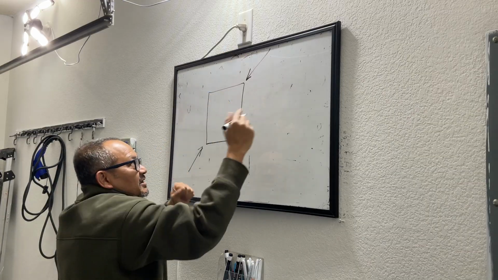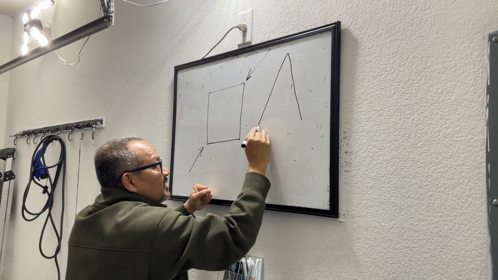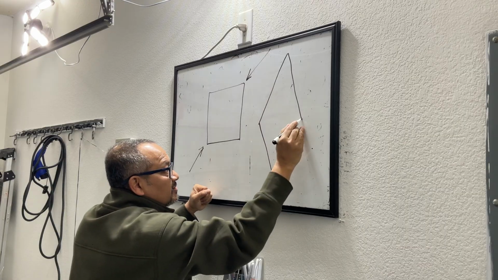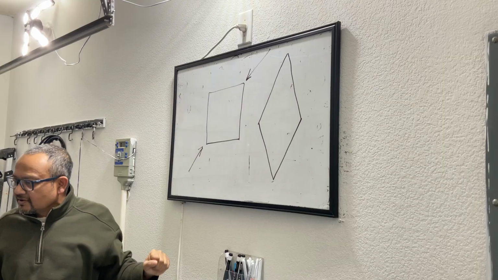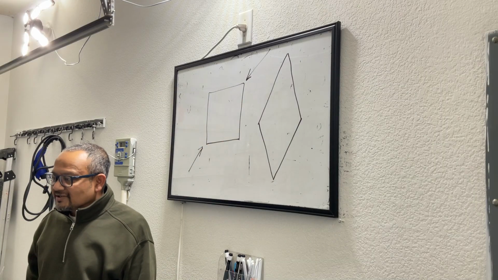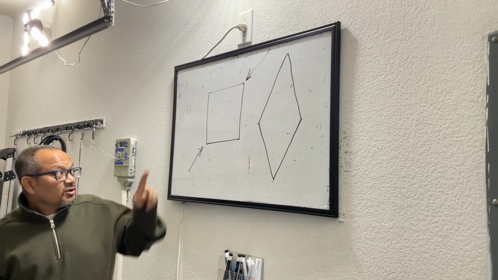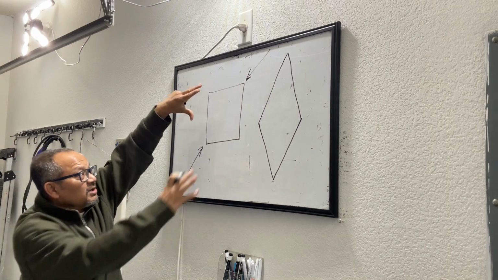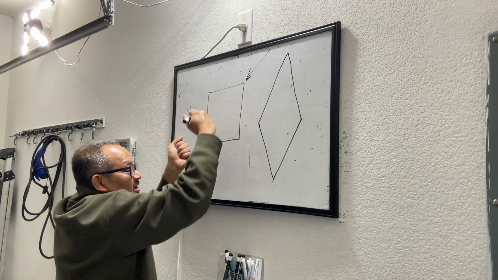I squeezed it, and when I squeezed it, it became thinner and taller. Okay? This became a rhombus or a diamond, whatever you call it. Okay? So, you did not change the length of the sides. You just squeeze it to make it thinner.